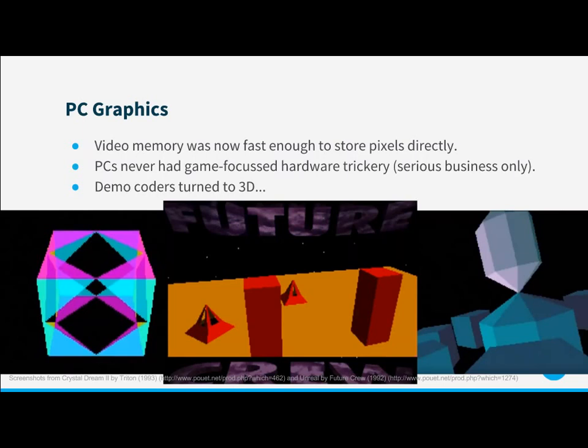So you could do it in software, but it was incredibly slow. So a lot of the challenge was to do the floating point heavy 3D rotations and perspective transforms fast enough to drive fluid 60 frame per second animation.